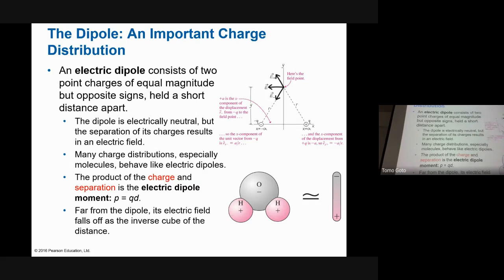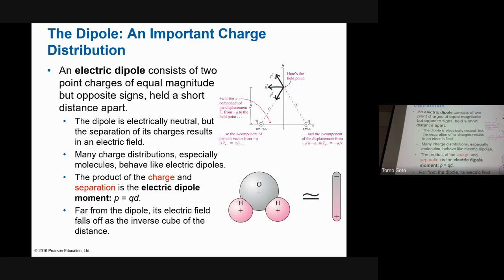Okay, the dipole. It's getting a little bit more interesting. So an electric dipole is a plus and a minus with the same amount of charge at a very close distance. In this case, the distance between those two is 2a. And the dipole is electrically neutral, but the separation creates an electric field.